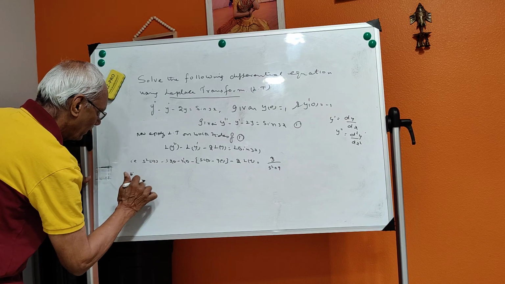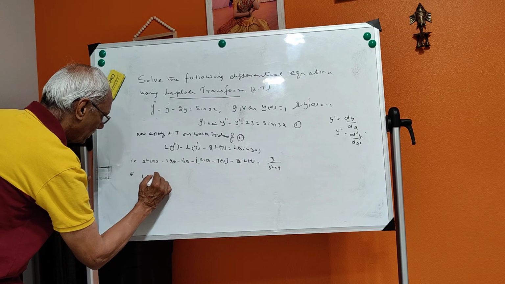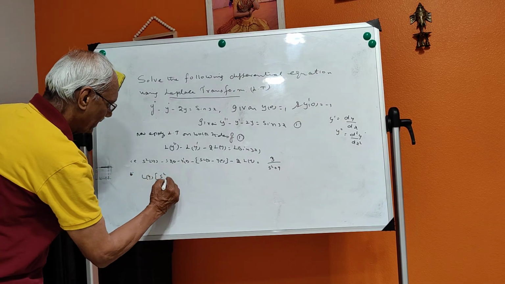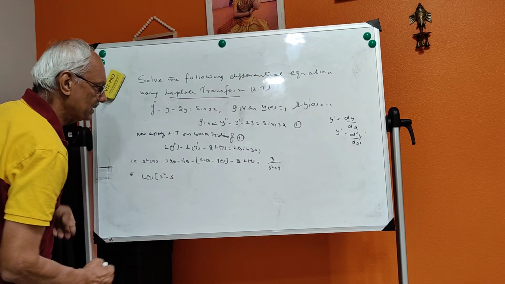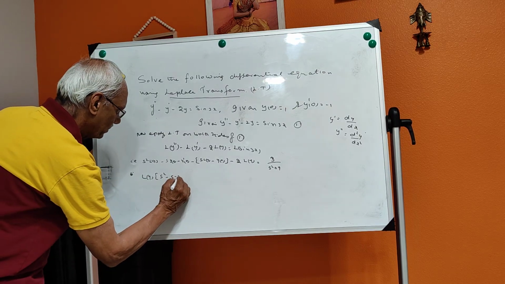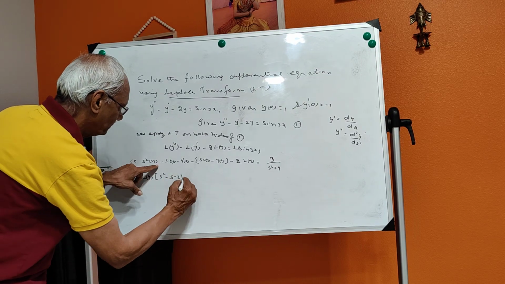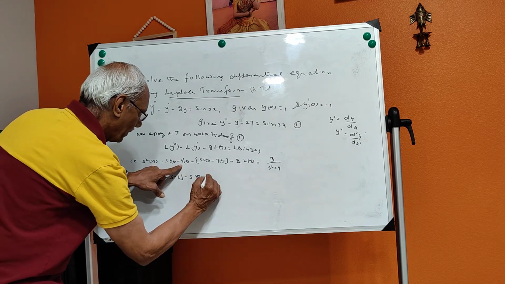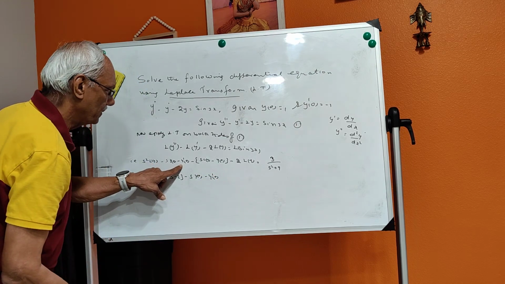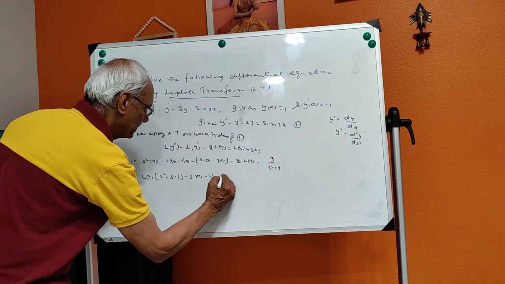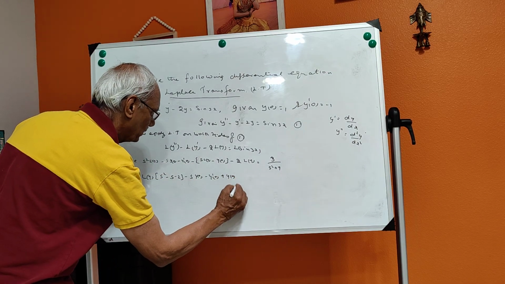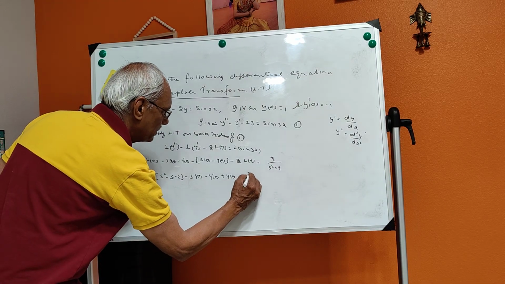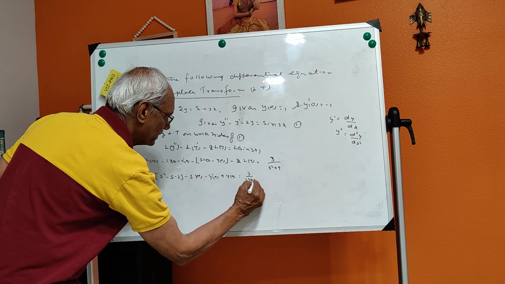I will take this L of y outside: L of y into s square, minus 2, then minus s into y of 0 minus y dash of 0. Then minus into minus is plus, plus y of 0, is equal to 3 by s square plus 9.